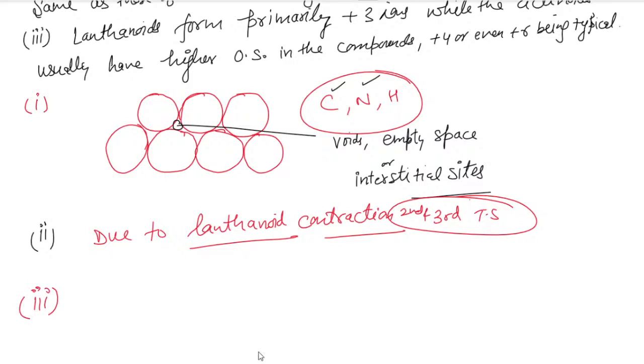What about the third? Lanthanoids form primarily +3 ions, while actinoids usually have higher oxidation states in their compounds.